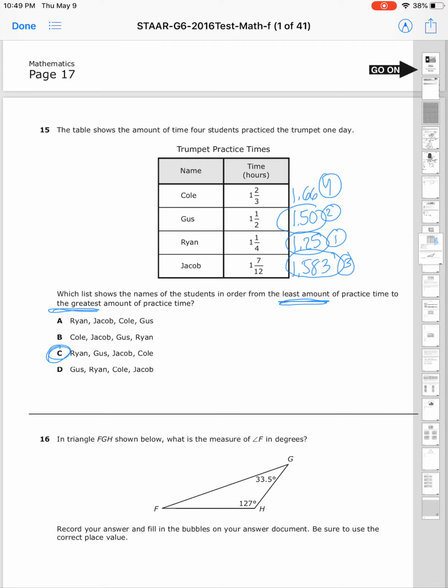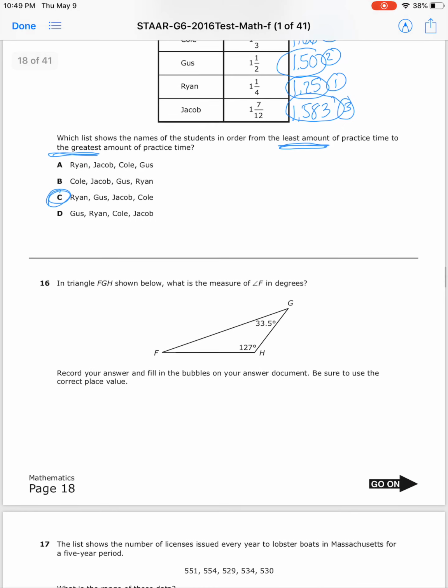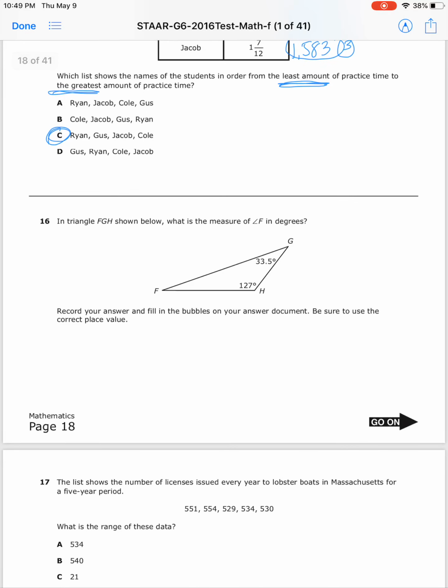Okay, number 16. A lot of us, for some strange reason, again, wanted to use the area formula when the question said, what is the measure of angle F in degrees? So what you should have done was add 127 plus 33.5. And also you should have lined up your decimals.